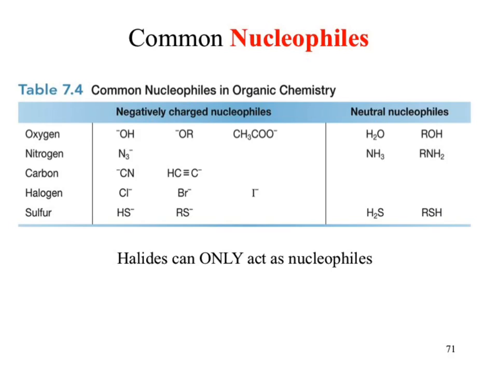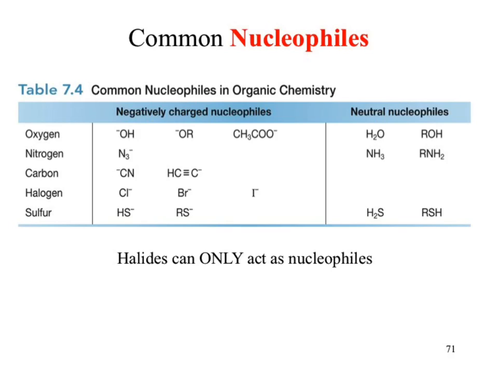Okay. Common nucleophiles. Negatively charged nucleophiles, they've got a list of them. They've got some neutral nucleophiles. Halides are interesting. They can only act as nucleophiles. Kind of small, why can't they act as bases? If they act as a base, what do they become? Not acids.